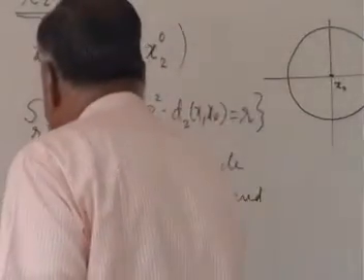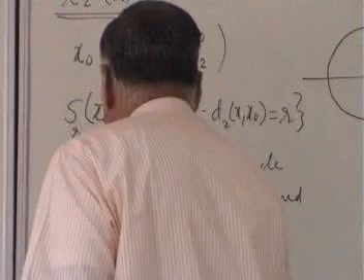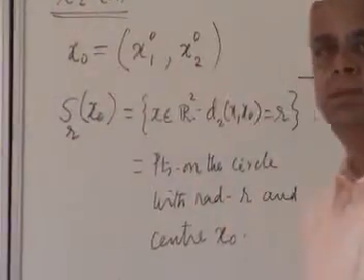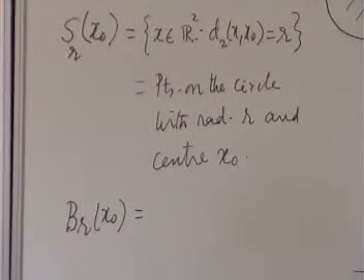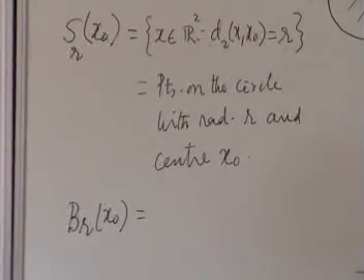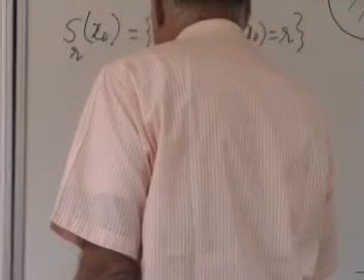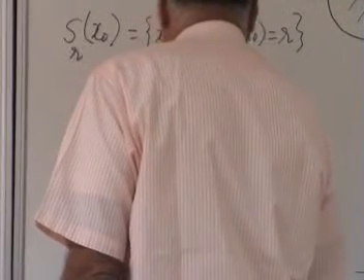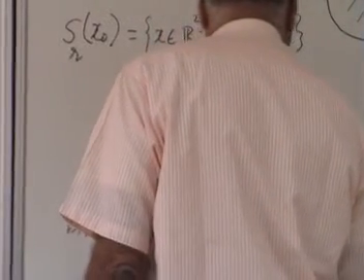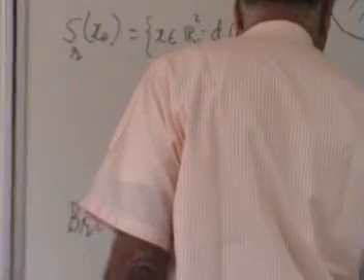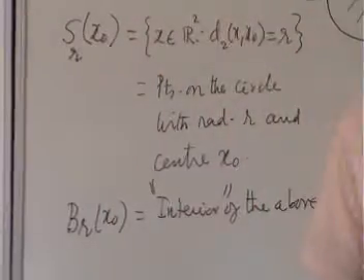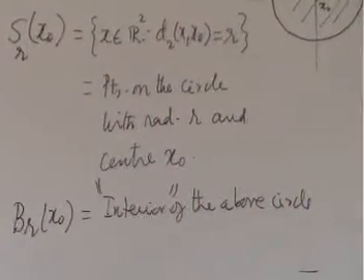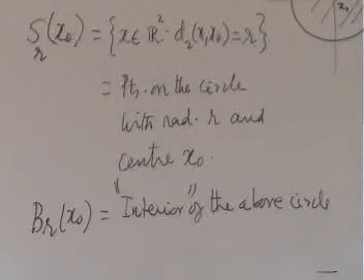What will be B_r(x naught)? It will be all these points. It will be the interior of the circle. This is the intuitive idea of interior, because later we'll define a formal definition of interior.